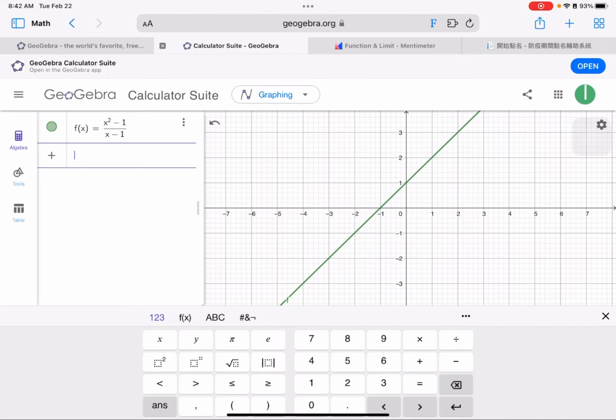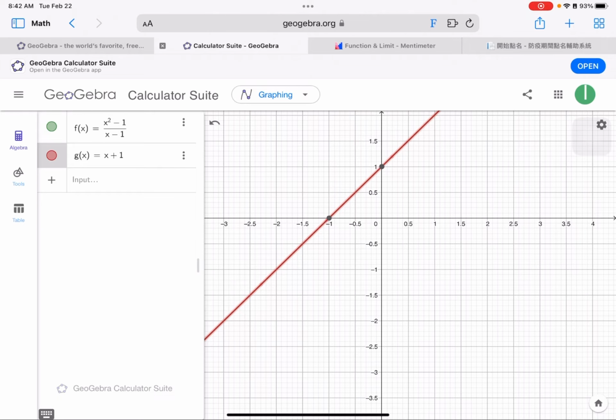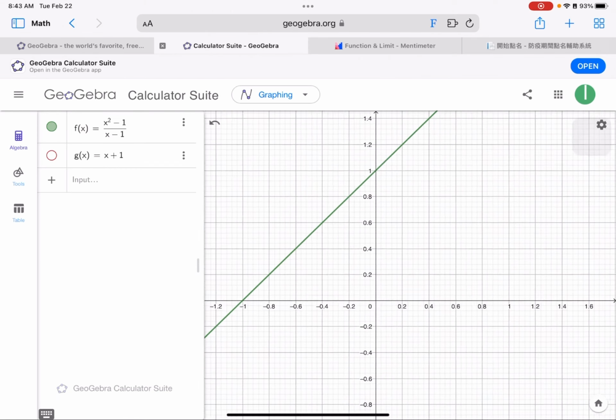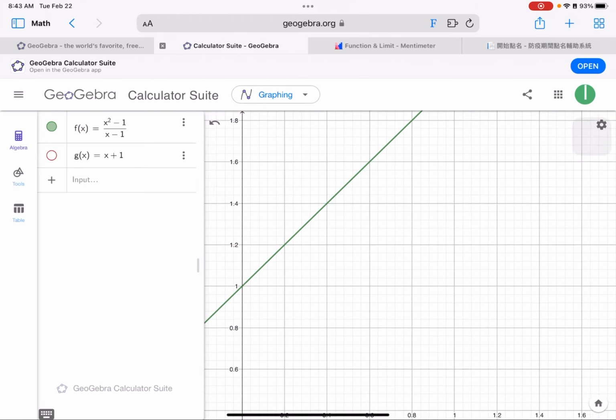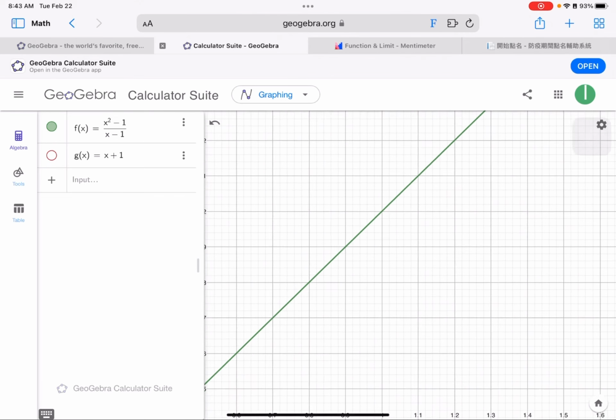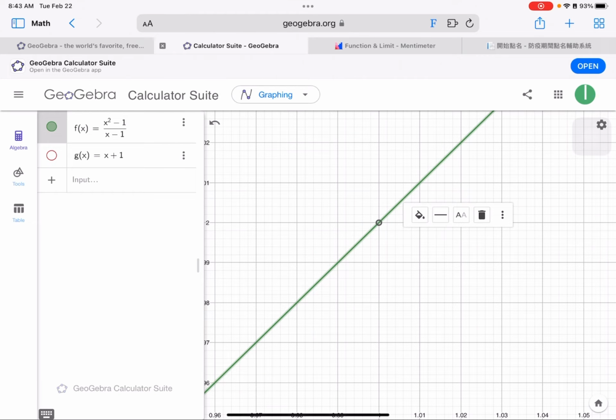Nothing wrong with that. x plus 1. Let me just hide the x plus 1. It seems the same, right? Seems the same, but like I told you, where is x equal 1? Oh, here. So let me just zoom. See it? It's the same as x plus 1. It has some hole.